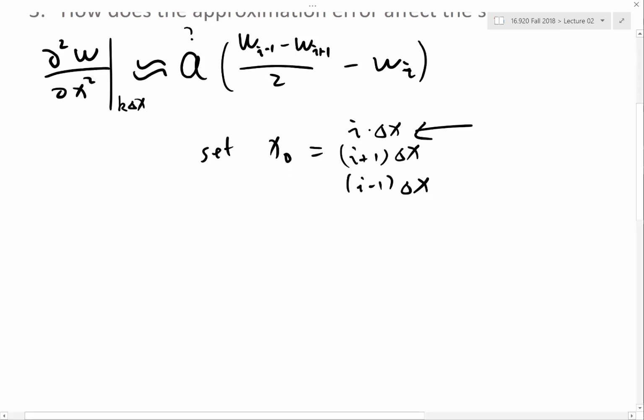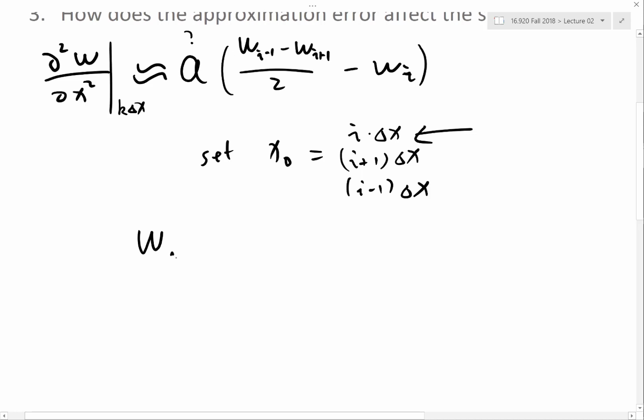First, let's represent wi with a Taylor series analysis. wi is equal to W at x0.